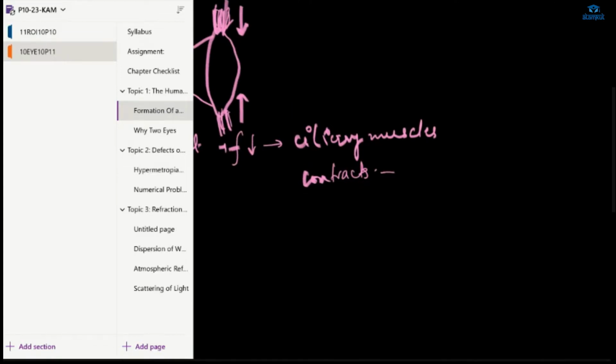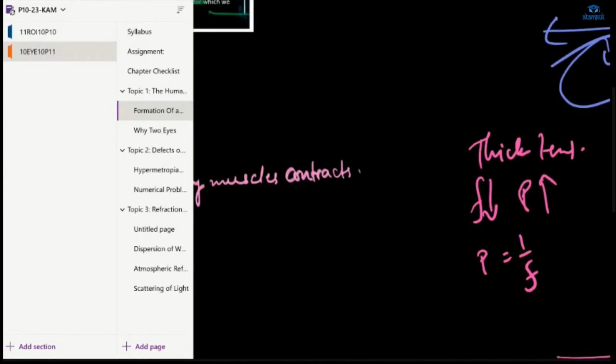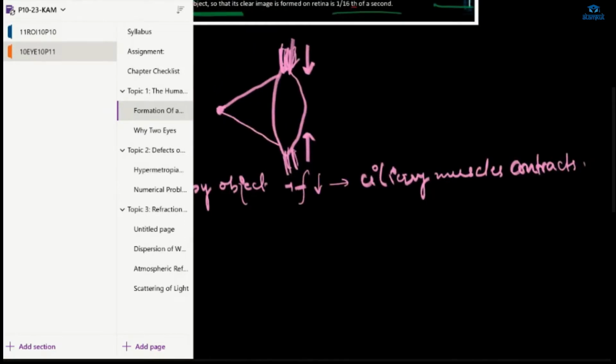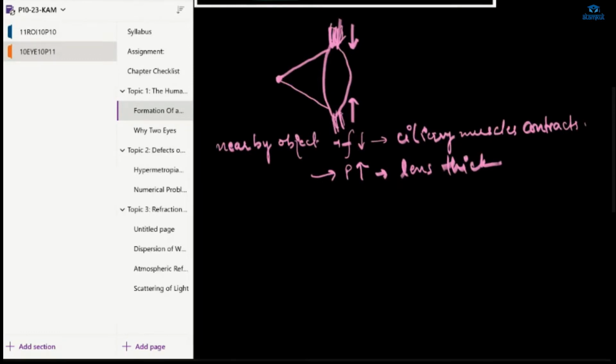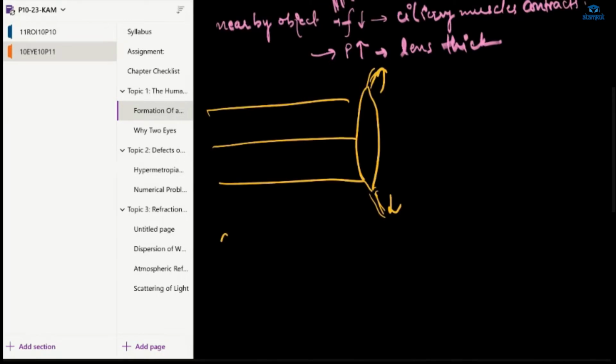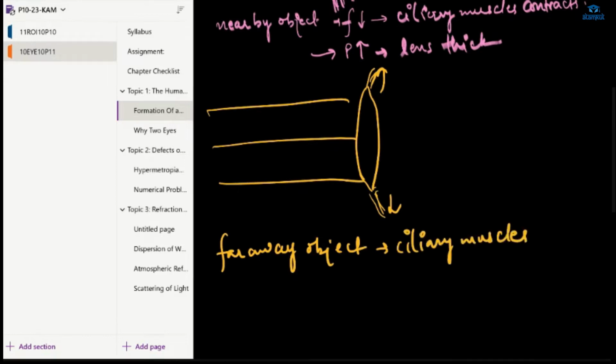And what other thing was there? When the focal length decreases, the power will increase, and the lens will get thick. If we are seeing far away objects, then what does the ciliary muscle do?